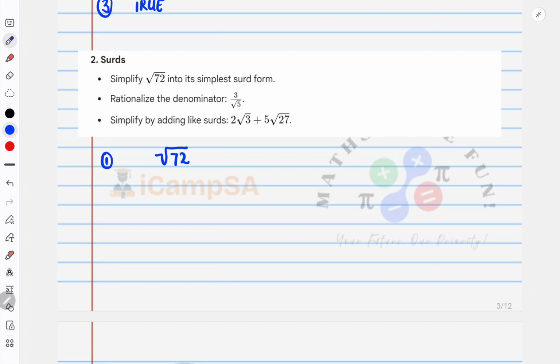And then this is equal to the square root of 18 times 4, which is equal to what? 72. Okay, the root of 72. And then we further simplify this. We now have the root of 18 times the root of 4, of which will give us 2 roots of 18.